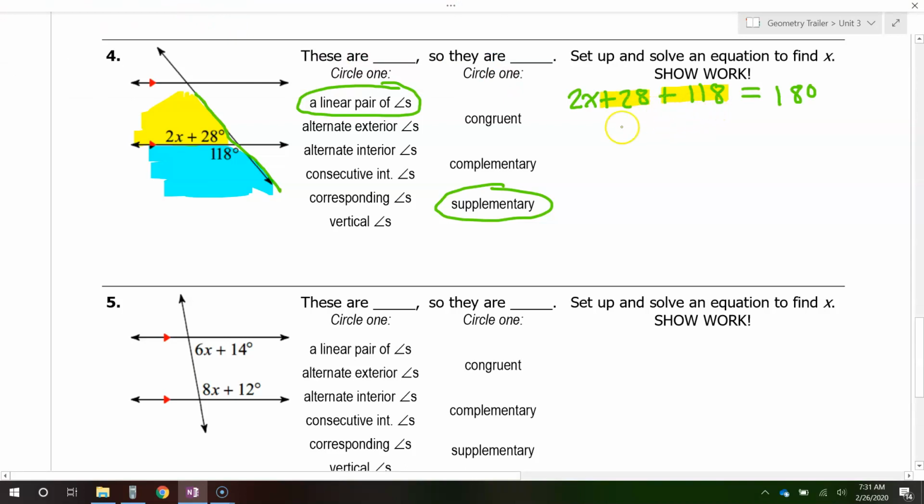So I'm just going to add them together. So I'm going to bring down the 2x. And this is going to be 146. So 2x plus 146 is equal to 180.